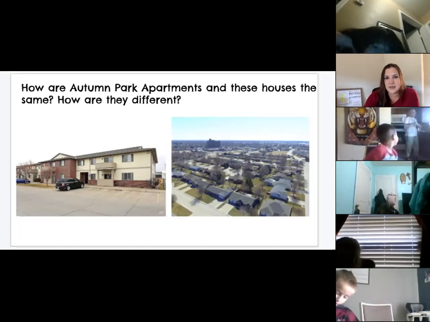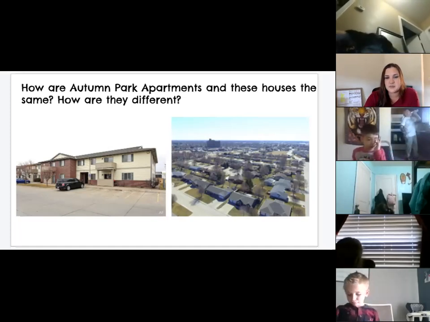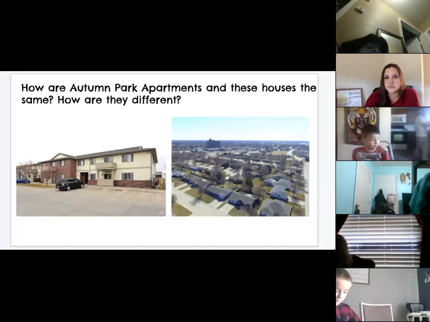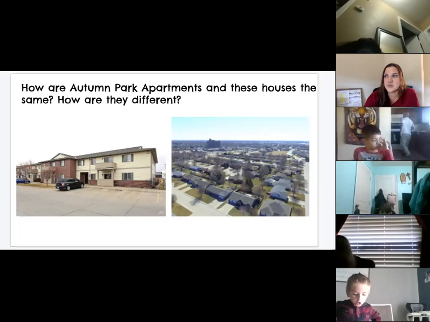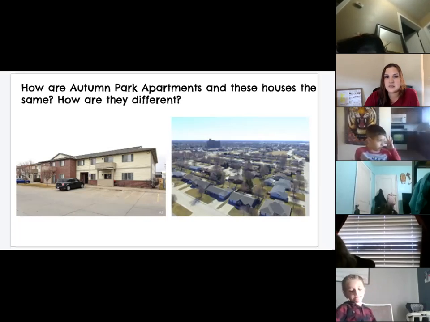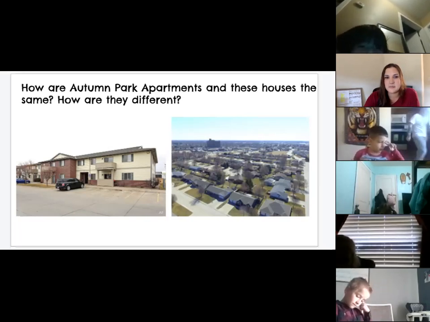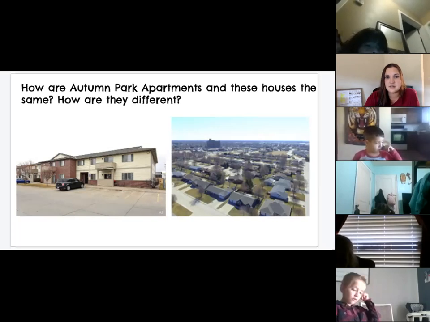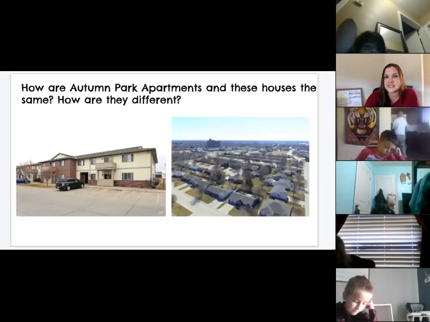What else do they both have? For them to be the same, they have to both have something. Let's look at the buildings. What do you notice about the buildings that's the same? Aminta, what do you notice about the buildings that's the same?